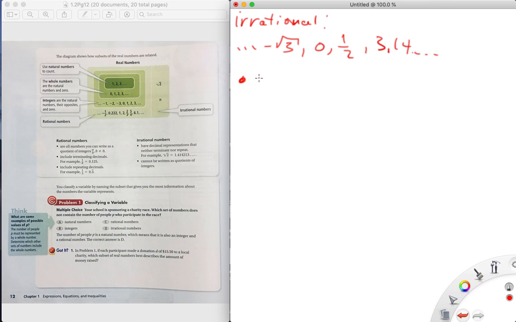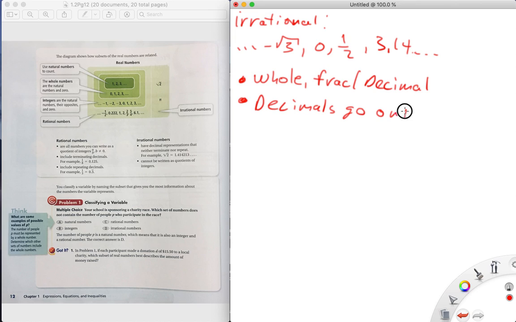Again, can be whole, fraction, decimal. The difference here is that the decimals have to go on forever and non-repeating.